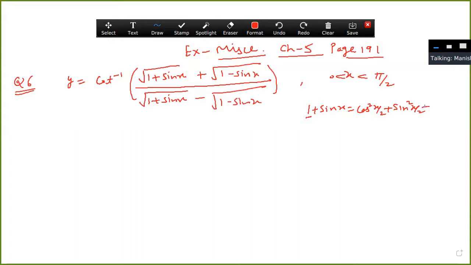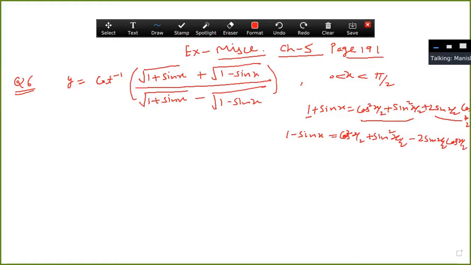Plus, the formula of sin x is 2 sin x by 2 into cos x by 2. If it is 1 minus sin x, then this statement is the same, only the sign will be different: minus 2 sin x by 2 and cos x by 2.